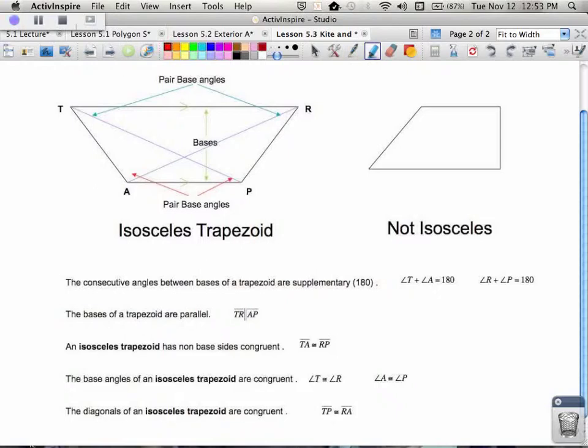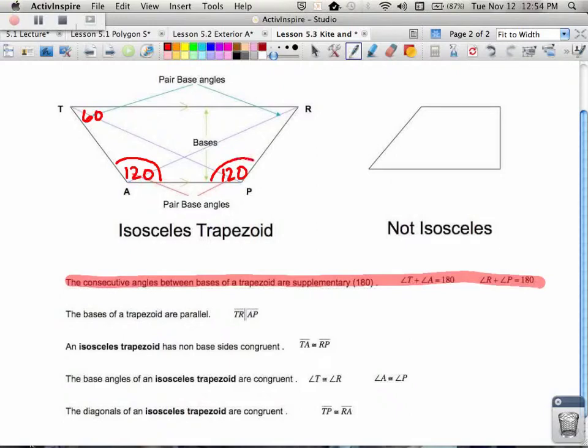So if I look at maybe the first property, consecutive angles are supplementary. If I were to write some angle measurements in, like for example, 60 degrees here, then I know that this has to be 120 for this angle. Also, in an isosceles trapezoid, base angles are congruent.